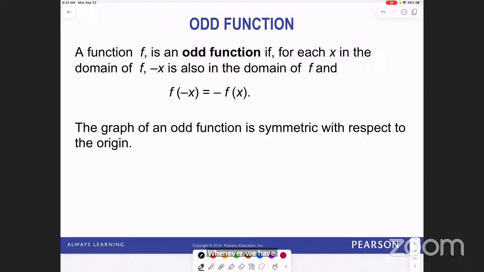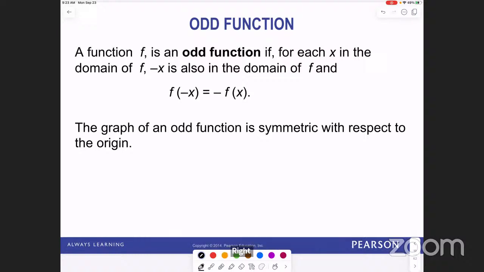In the previous one, only the x's change. With origin symmetry, both x and y change, right? So all points are going to be equidistant and symmetric about the origin. And the shapes usually take on kind of an S shape almost. But again, whenever we have x comma y, we also have negative x comma negative y, right? So all points are the same distance and symmetric.